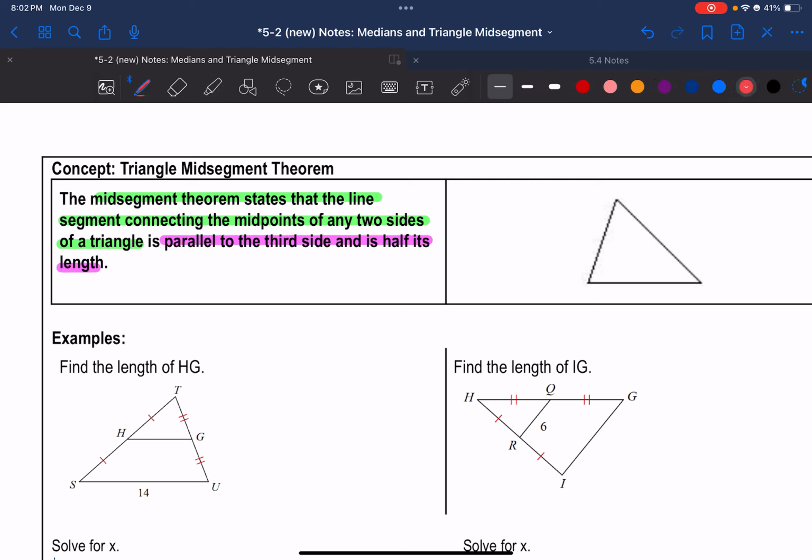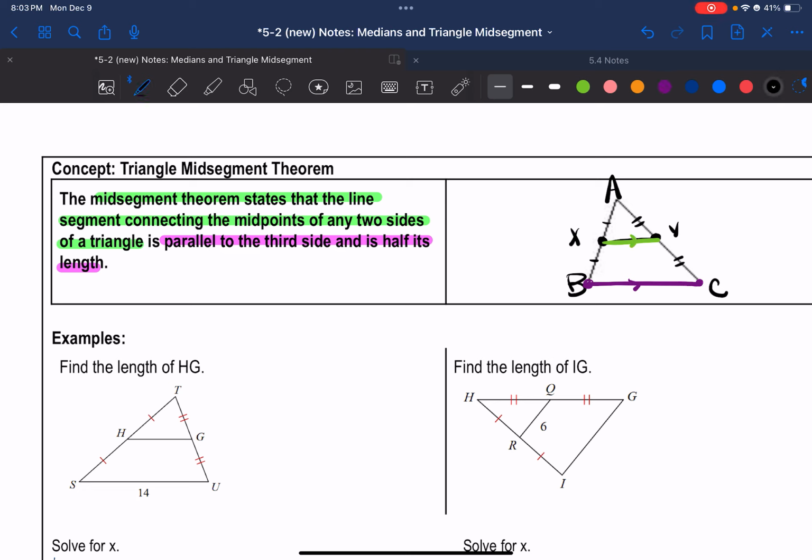So let's go ahead and come over here and label this triangle A, B, C. If I have a midpoint called X on side AB and a midpoint, let's call it Y, on AC, that is stating that this line XY is parallel to BC, and it is half.